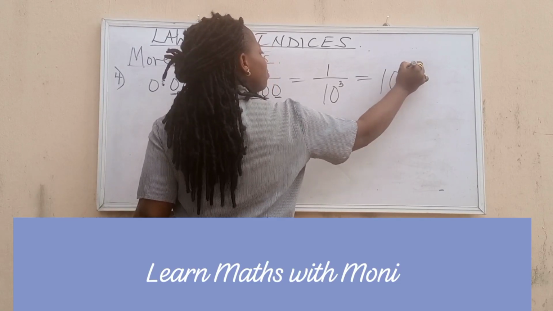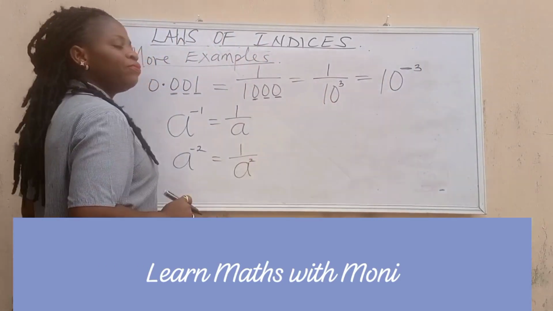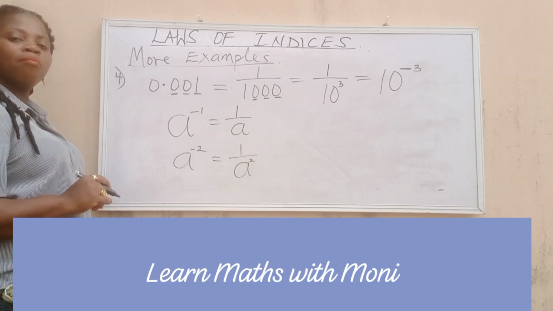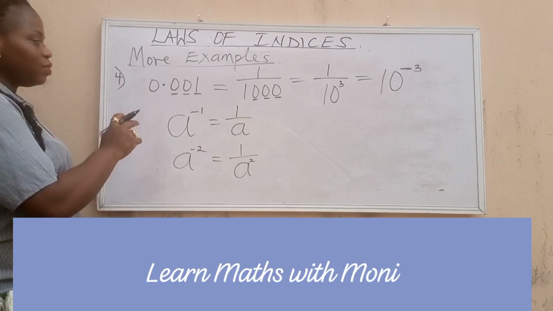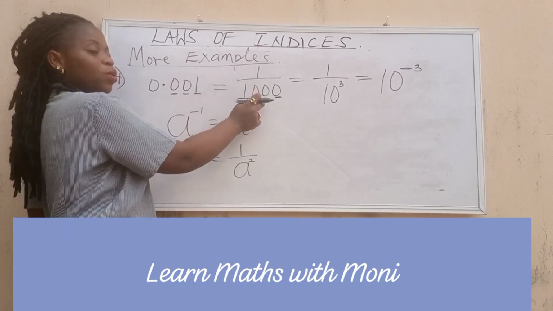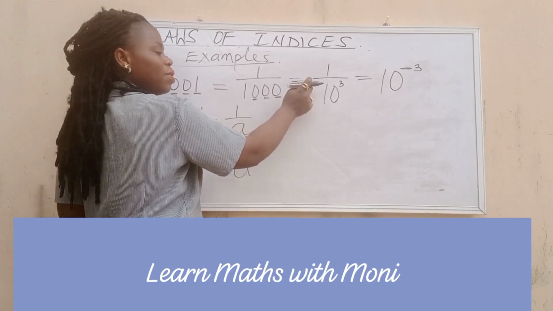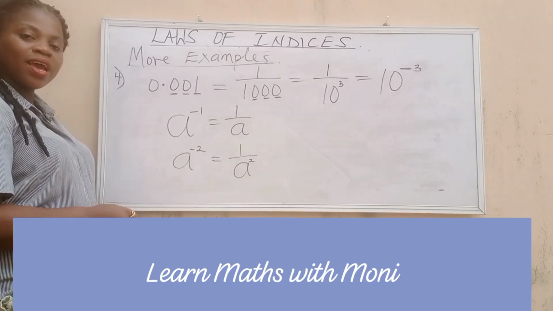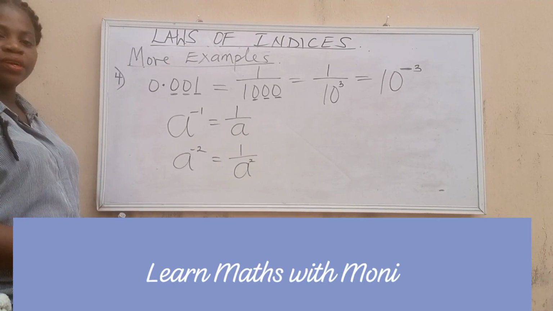The minus comes because of the inverse. So 0.001 is the same thing as 1 over 1,000, same as 1 over 10 raised to power 3, which gives 10 raised to power minus 3.